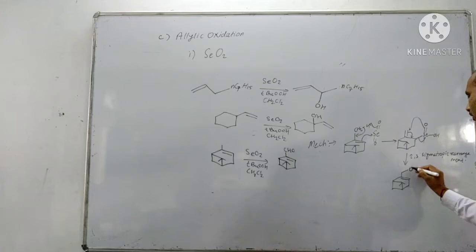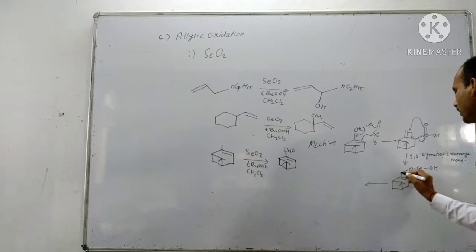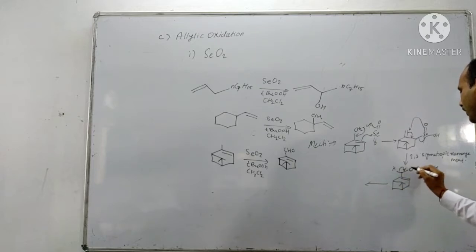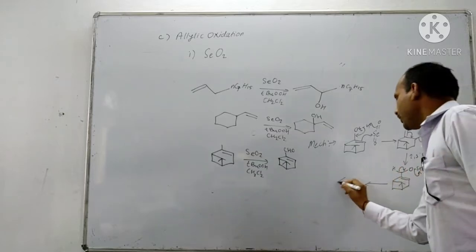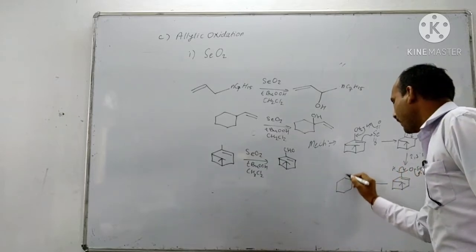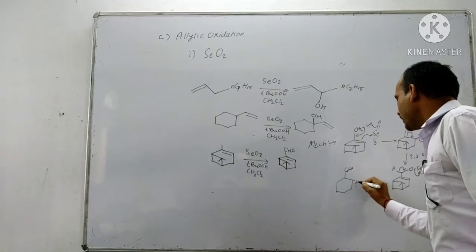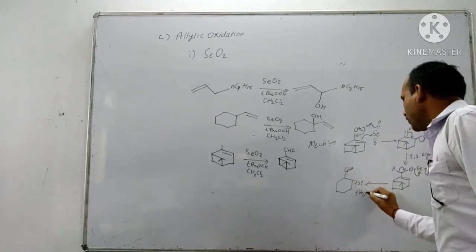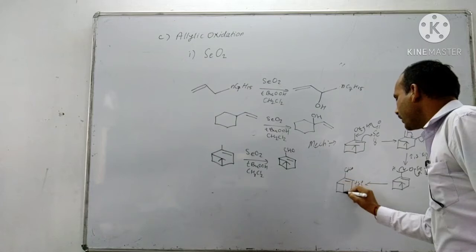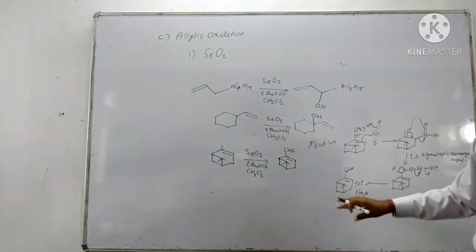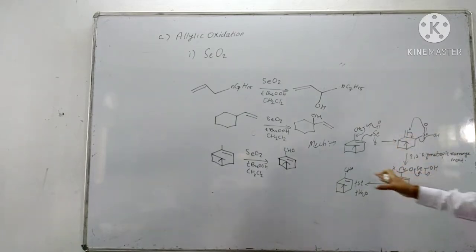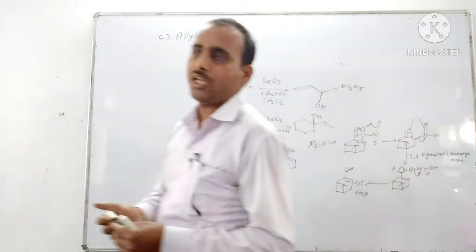Now here is oxygen, SeOH, and again this H is transferred here, the water molecule leaves and formation of the aldehyde takes place. CHO plus Se plus H2O. So this product is formed by this method, and this is the mechanism of how the CH3 gets converted to CHO.